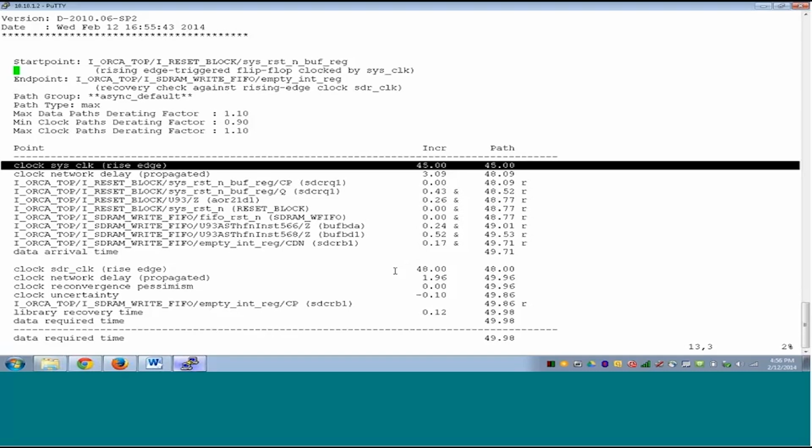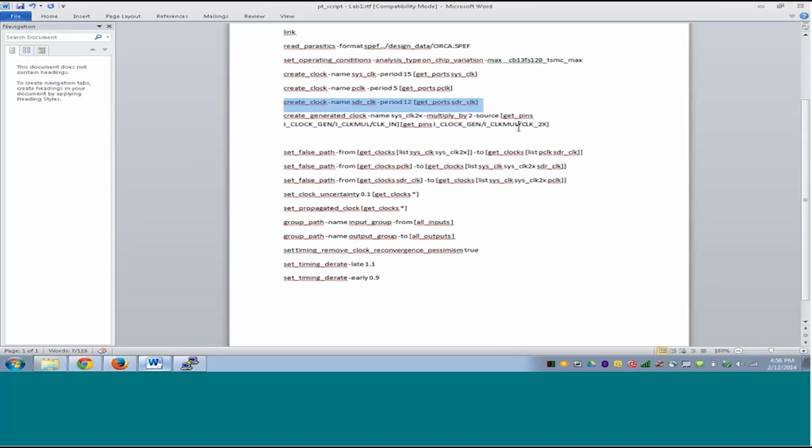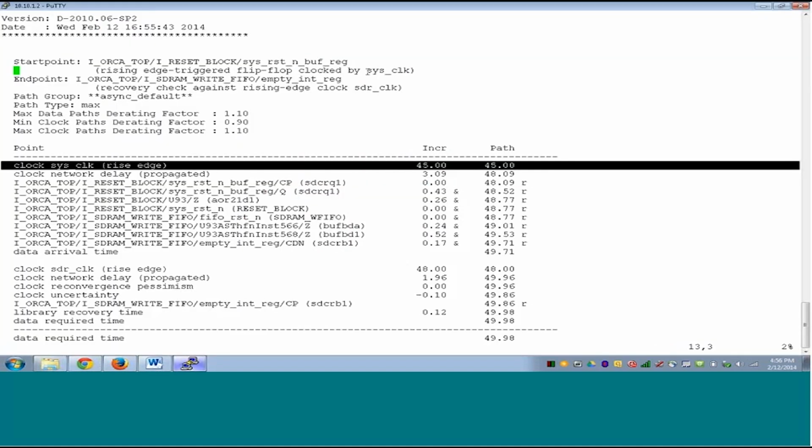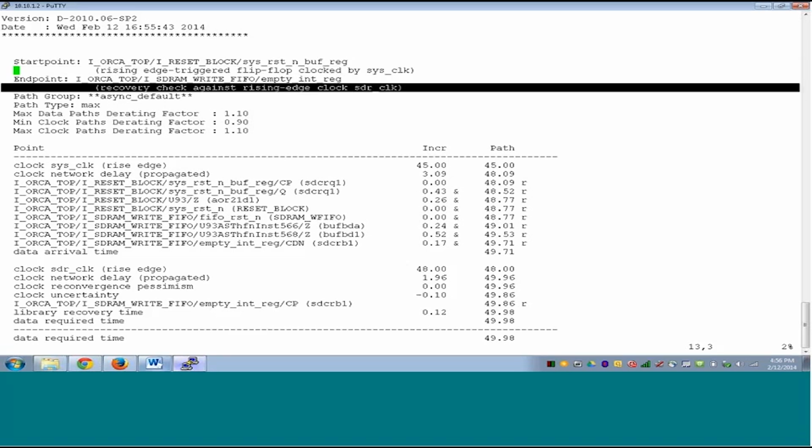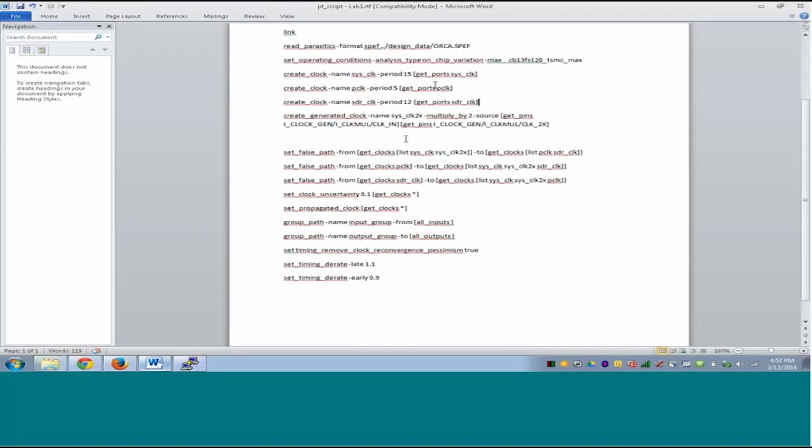So one thing is clear, what an experienced person could tell you quickly is, okay, period 12, period 15. You also have to see what the launch flow is. Launch is sys, capture is SDR. Launch is sys, 15, capture is SDR. So down the LCM period, it will happen that some SDR clock edge captures. First, both rise edges are at 0.